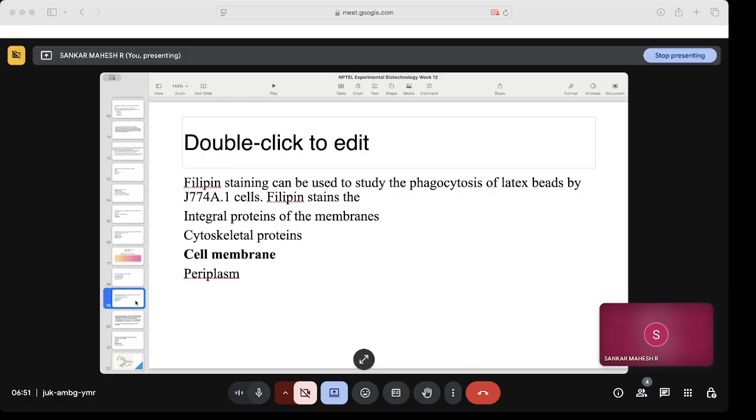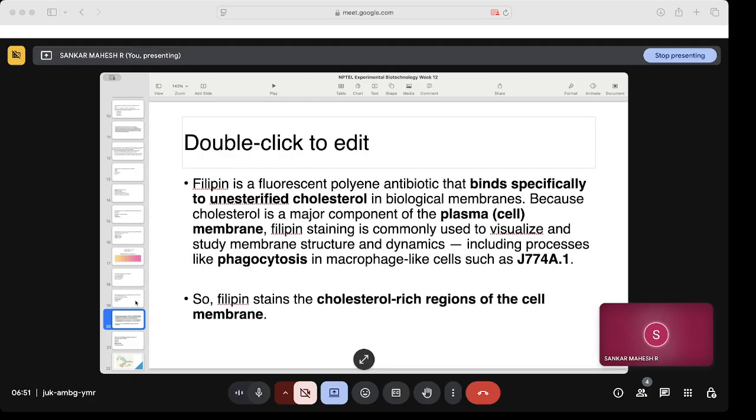This is a fluorescent antibiotic that can bind to unesterified cholesterol, and cholesterol is present in your plasma membrane. So this is used to study membrane structure and dynamics. So the answer is cell membrane.